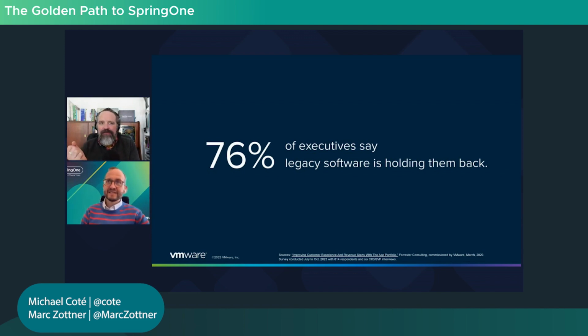This is just from one survey where executives were asked what's up with their legacy software. You can see that a huge amount of them, a distressing amount, almost 80%, well, 76%, said it was holding them back.